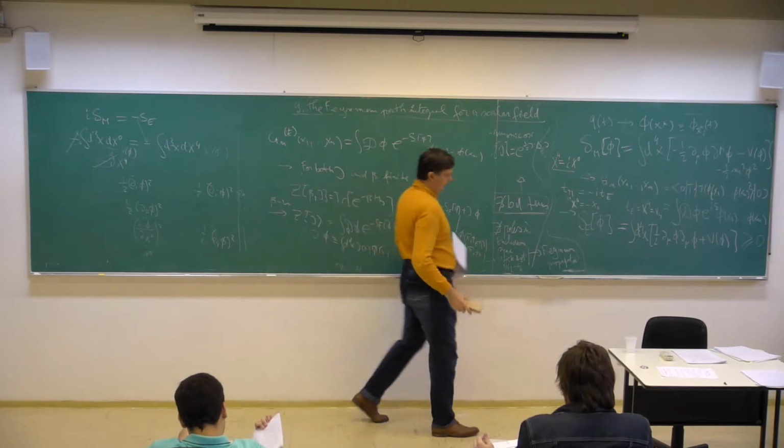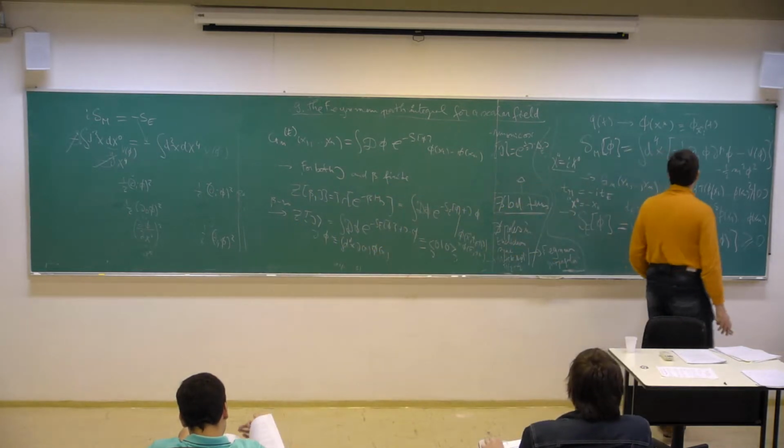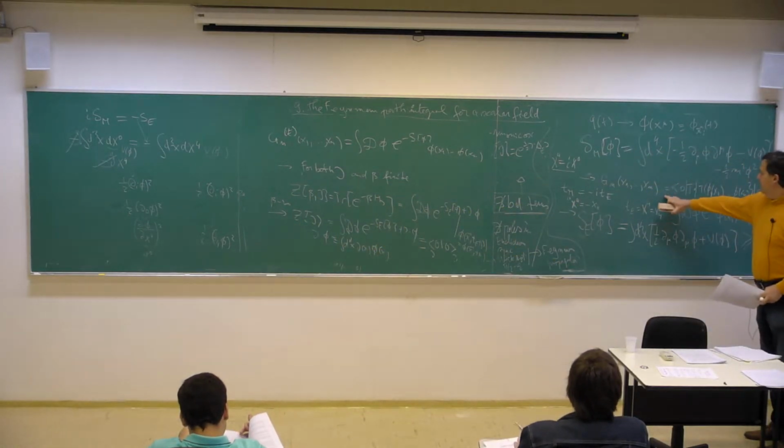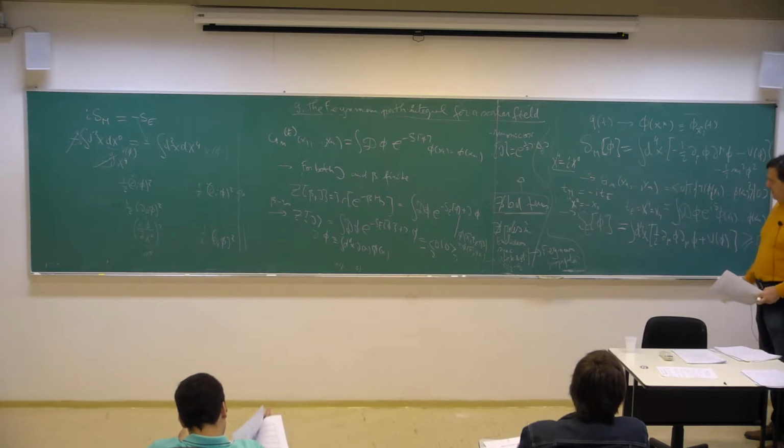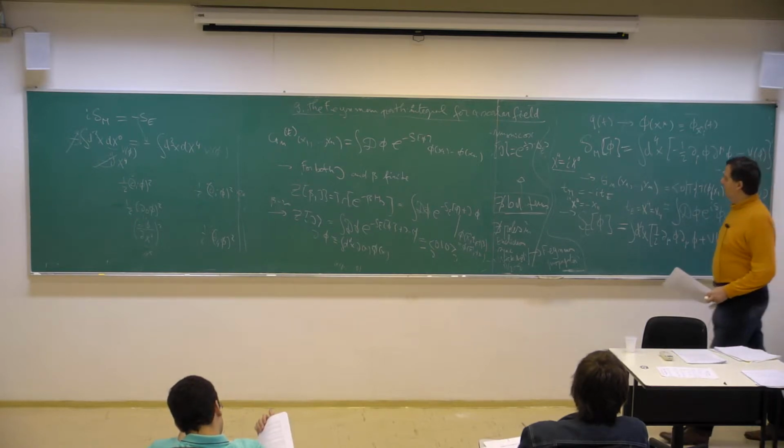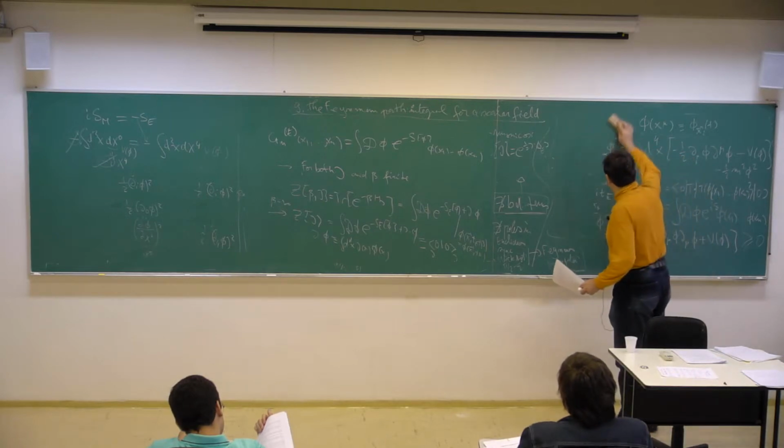And as usual, the n-point function is obtained from the derivatives of the partition function. In fact, the partition function was defined as a generating functional of all these n-point functions.